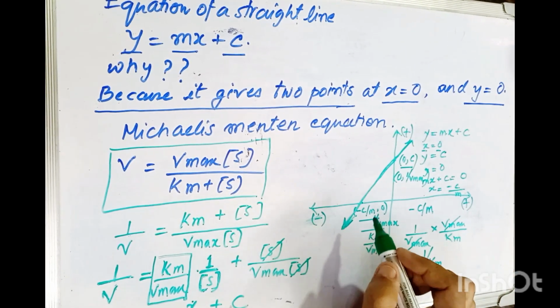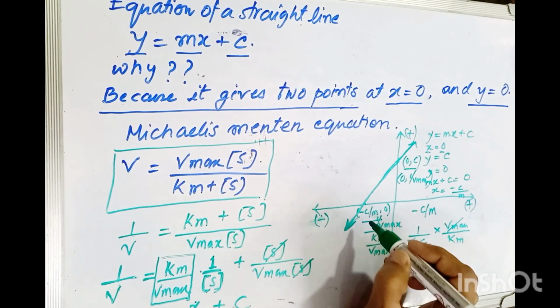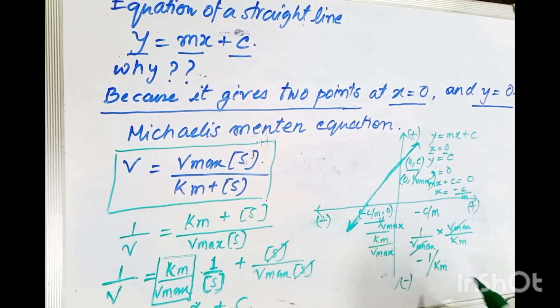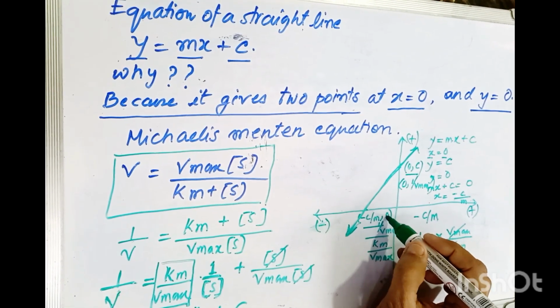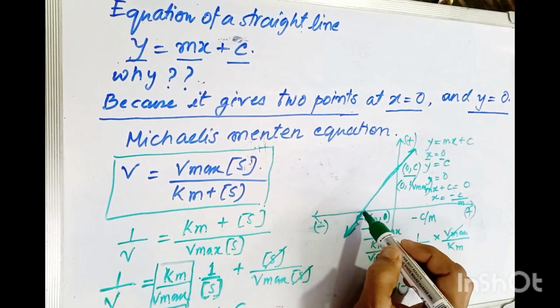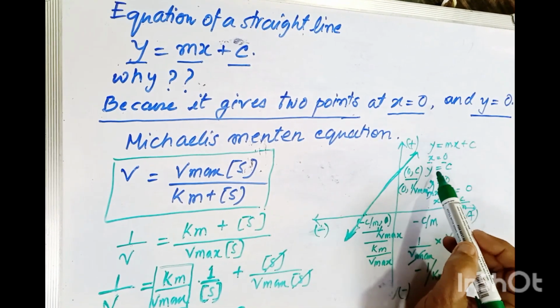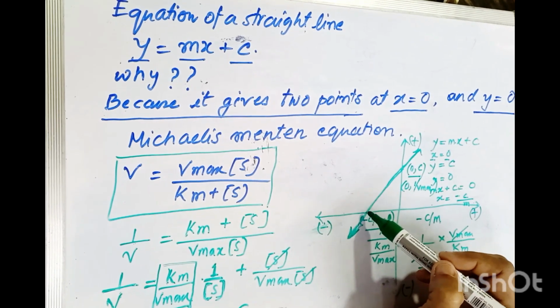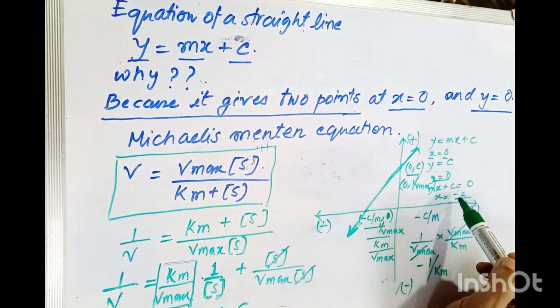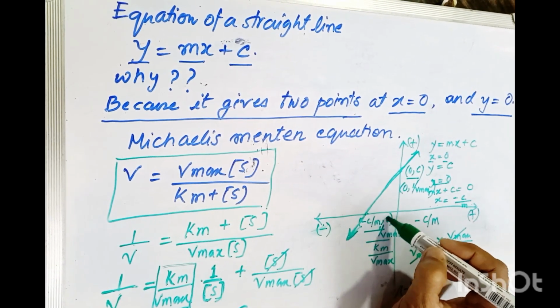So if I write it like this, this is 0, 1 by Vmax, and this is minus 1 by Km, comma 0, because here y is equal to 0, and x is equal to minus c by m.